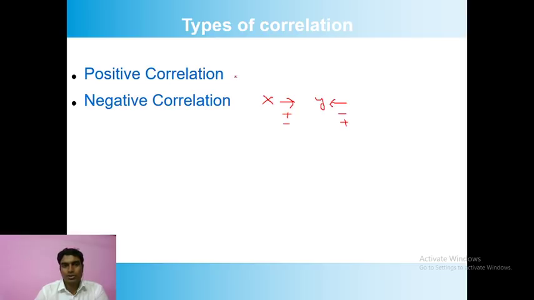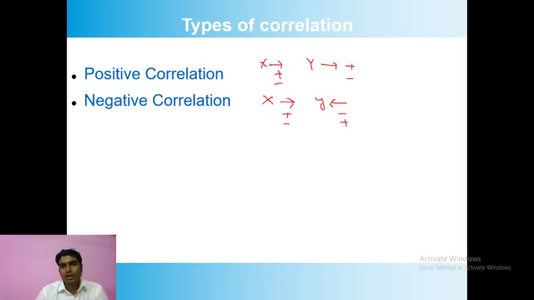But for positive correlation, if one variable goes the positive way, then y also goes positive. If I decrease the x variable, then the y variable also decreases.